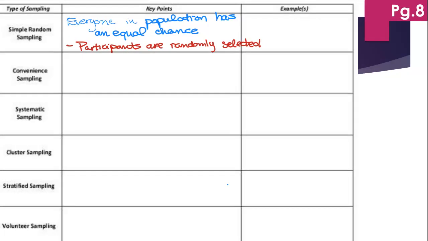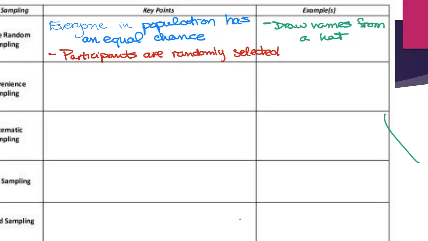An example would be if we could draw names from a hat. That would be a simple random sample. Also, if you do random numbers, like a random number generator.